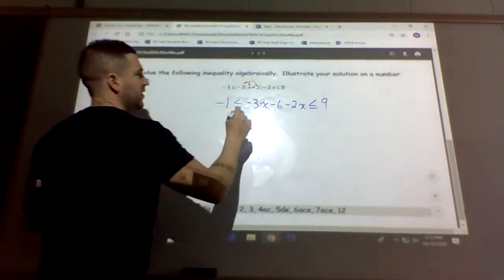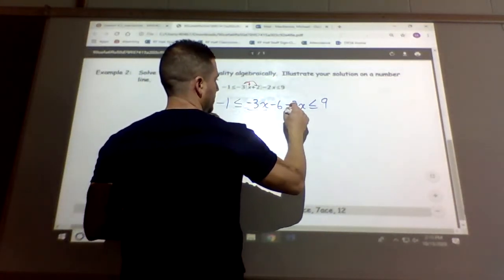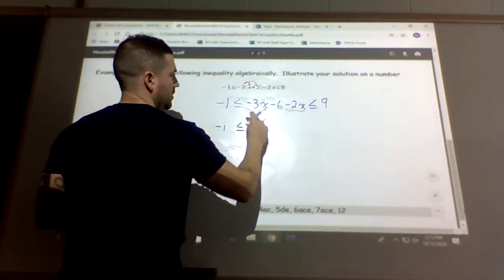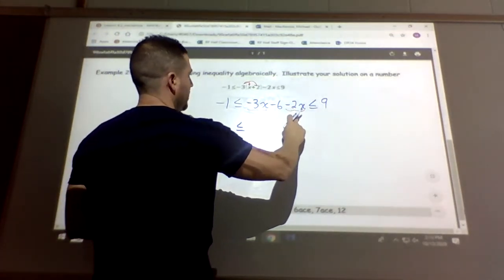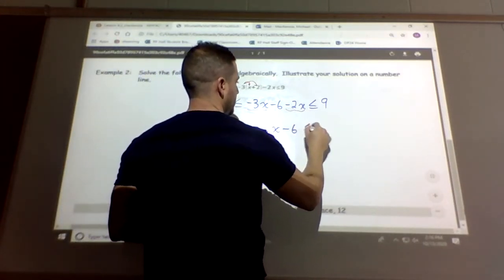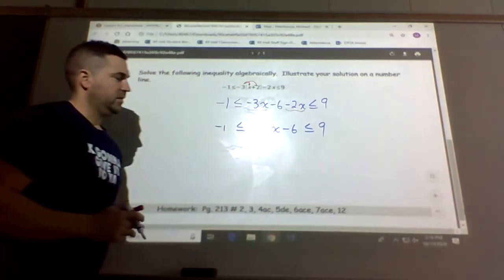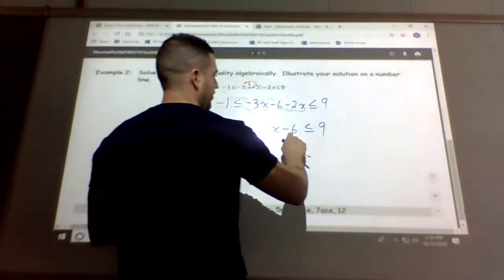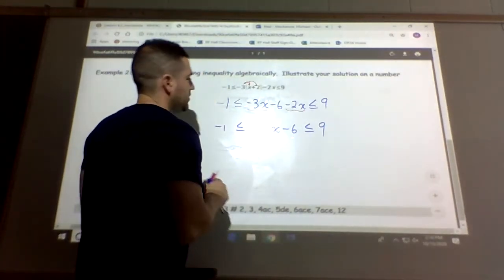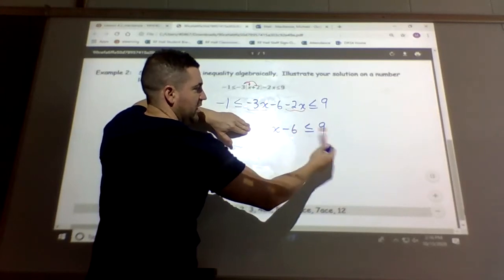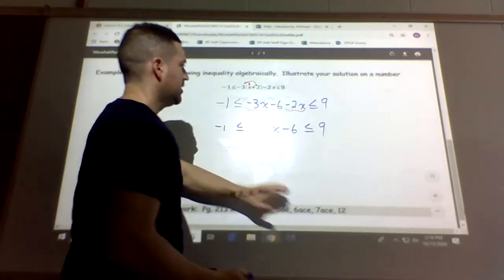Okay, now we're going to simplify with our x's. So negative 3x minus 2x is negative 5x minus 6. Again, we're still going to isolate for x, so that means we're going to get rid of our 6 now. Okay, so if you had your negative 6, to cancel out, you would add 6 on both sides.